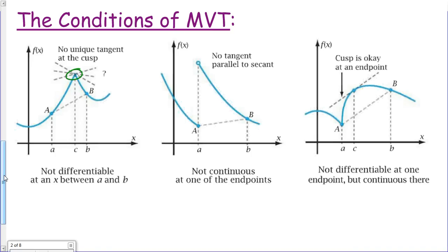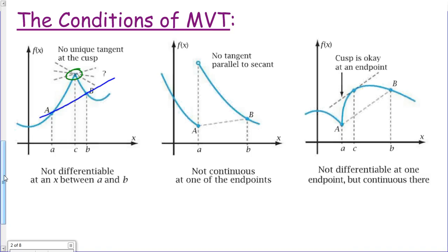And you can see the problem we're running into: if you look at the secant line through a and b, that's this line right here that they've got sketched, at no point in the interval from a to b is there a tangent line that has that exact same slope. And the reason for that is because of the cusp in there.